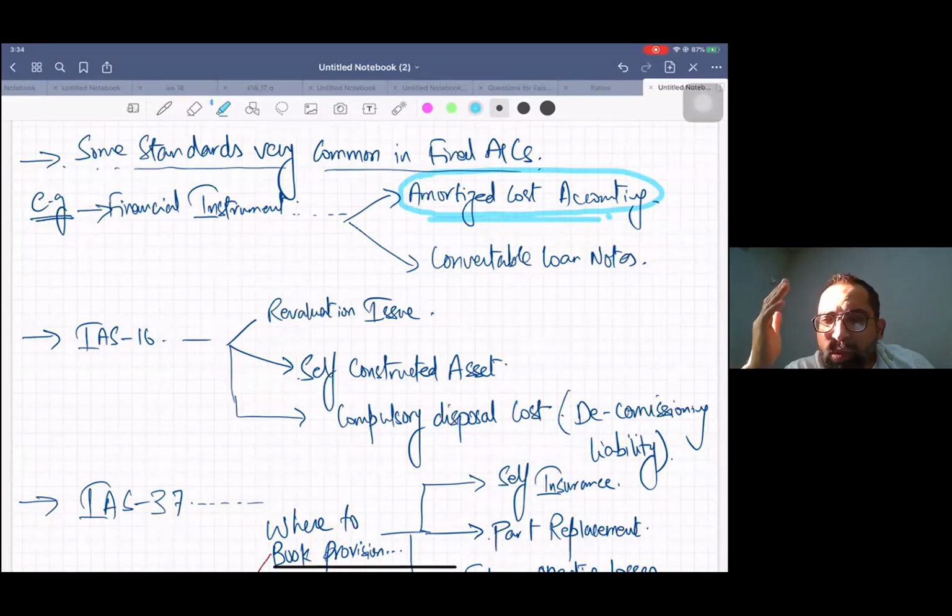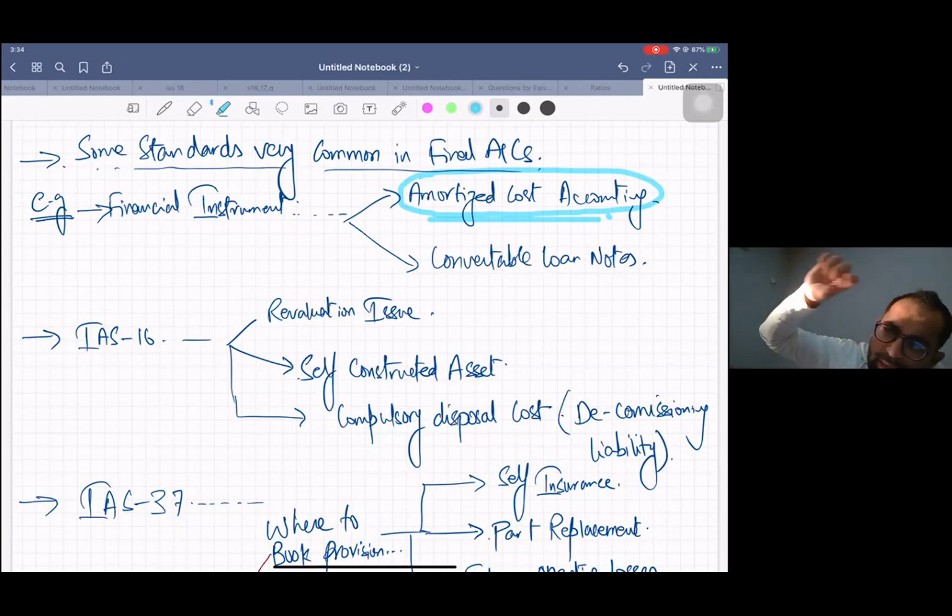You have taken a loan for 5 years. That means this loan is going to benefit you for 5 years. So whatever cost you are going to incur for this loan, you need to amortize, you need to spread that cost out over the life of the loan.